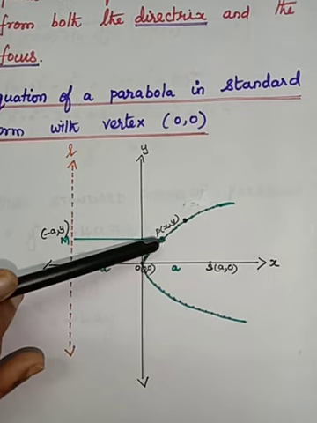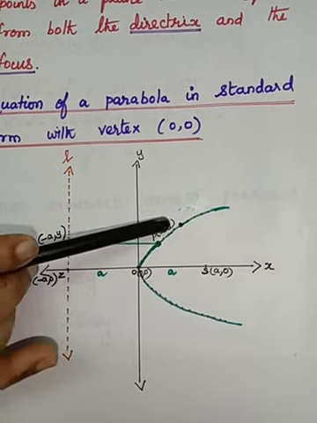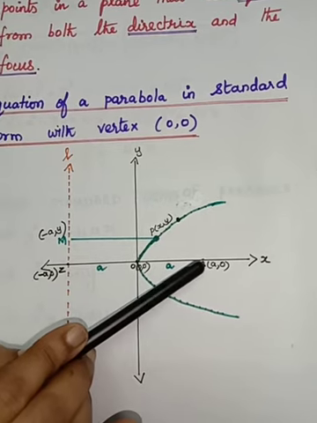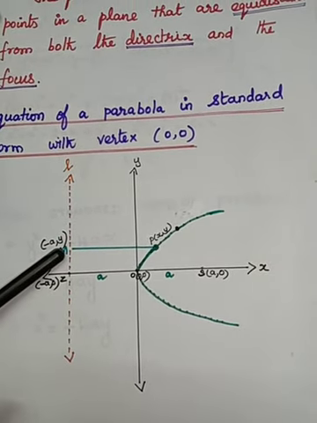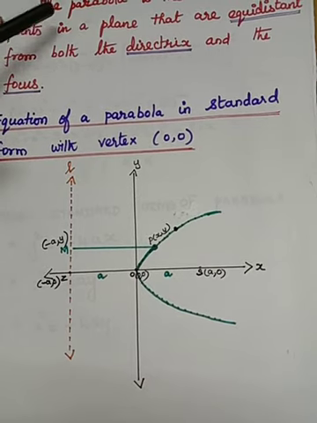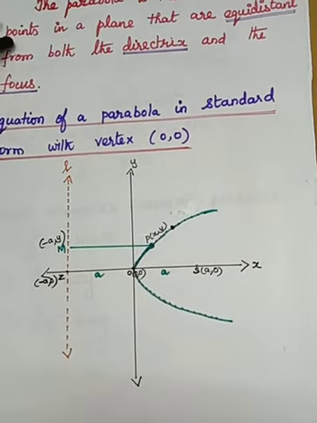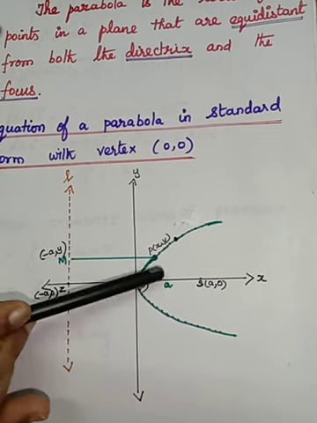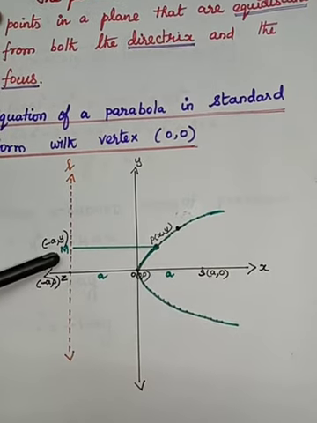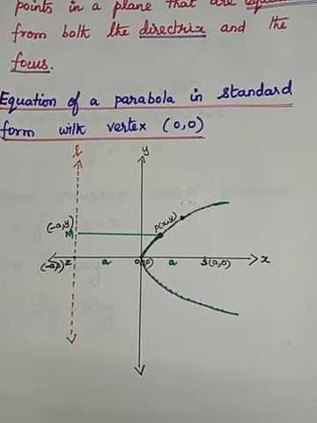The locus of the points that are equidistant from the focus and the directrix is nothing but the parabola.